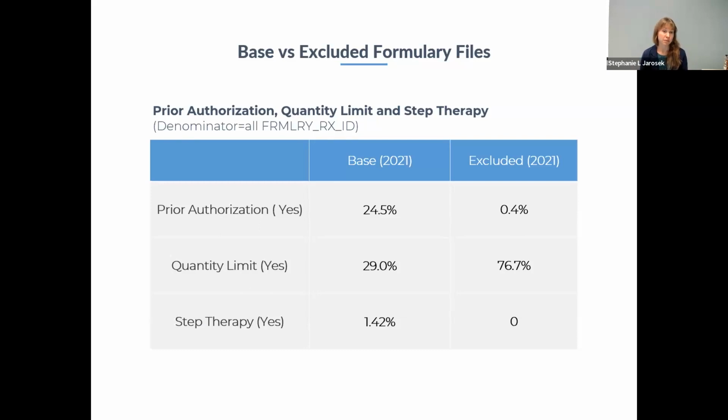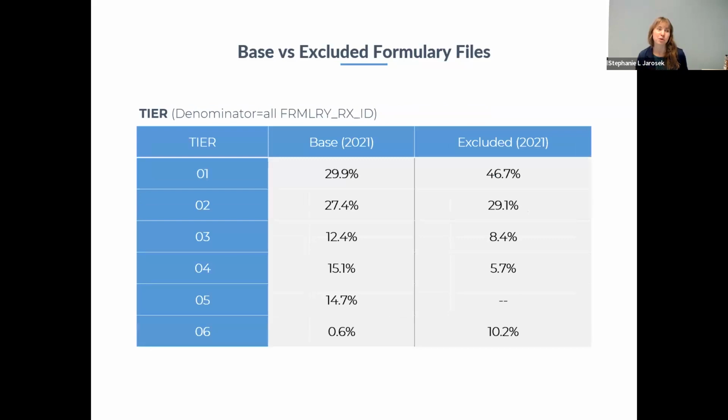Whereas in the base file, these are sometimes drugs that they have to cover, so they may try to make sure that people are using them as appropriately as possible, because it costs them money to cover it. Hope that's helpful.